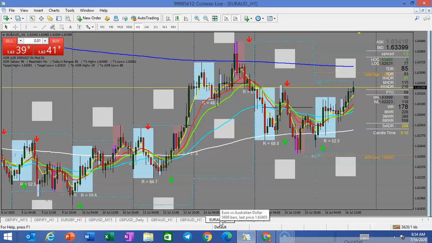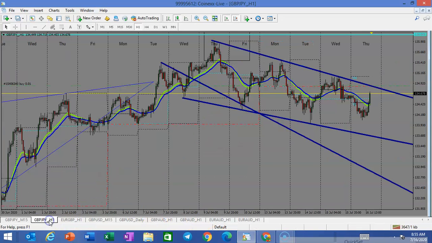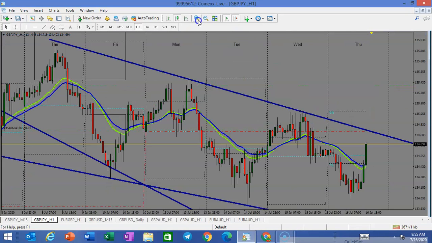So this is a tricky one. This is one of those ones where you just wait and see. I like GJ because GJ respects trend lines. I don't believe that it has enough momentum to break this and continue up.